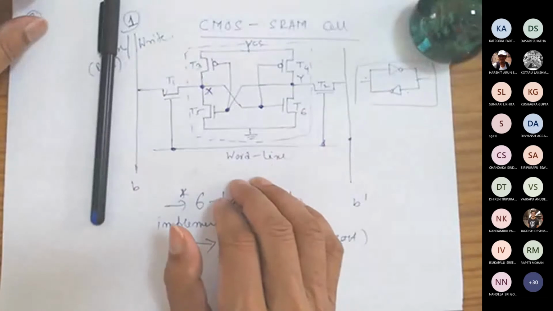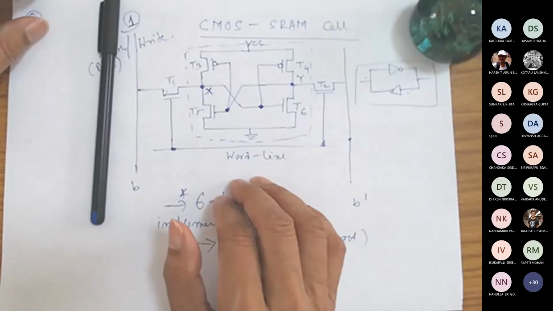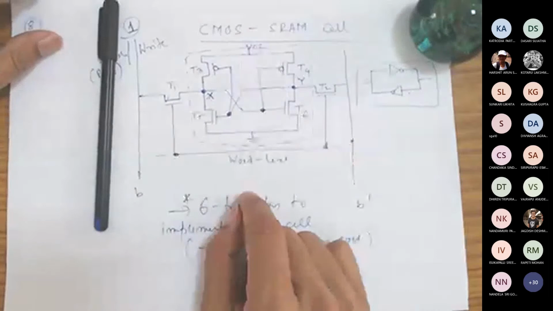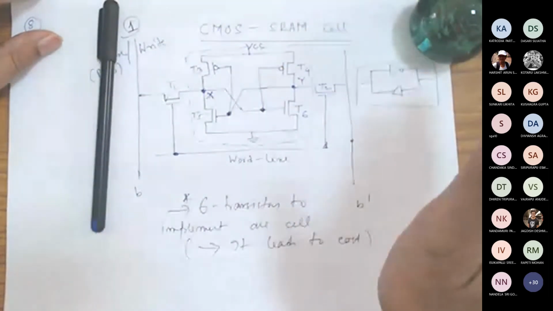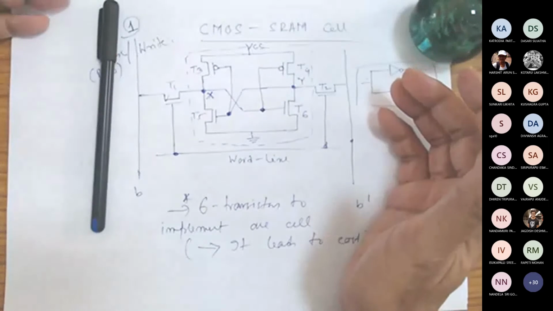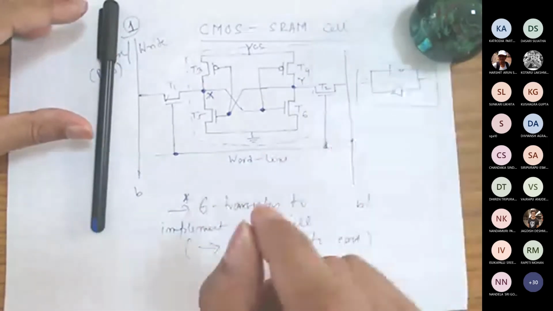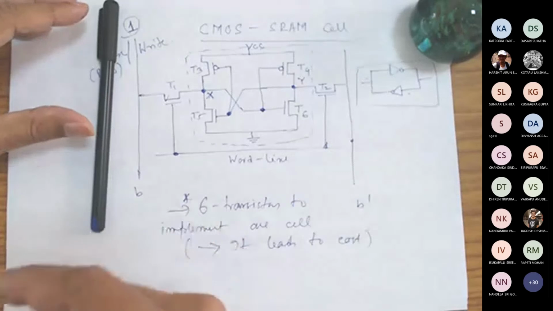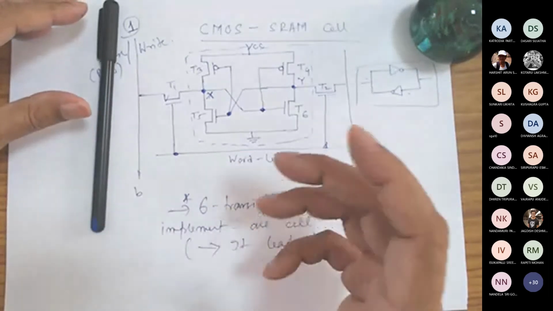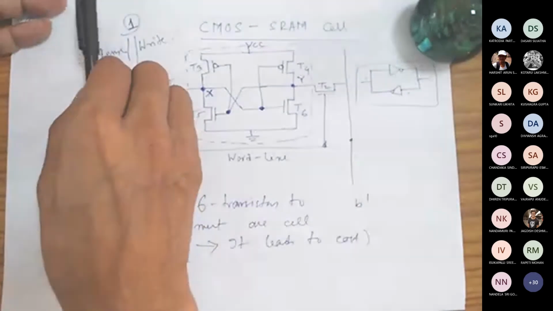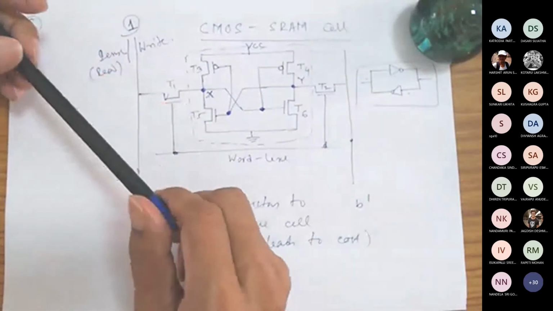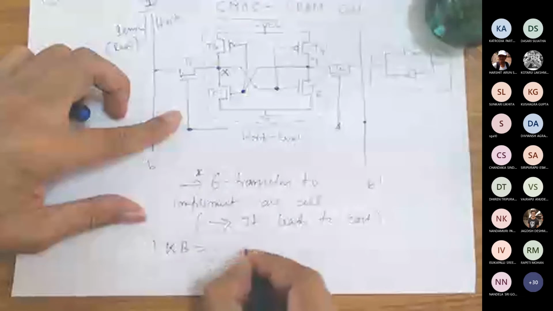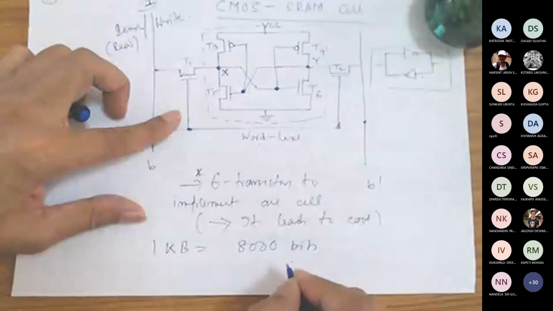So if you have, say, 100 gigabytes of storage, and you would like to implement it using SRAM, 100 GB is a huge number of bits. So 100 GB into 6 transistors. 1 kilobyte is 1000 bytes, so 8,000 bits are there for 1 kilobyte. 1 KB equals 8,000 bits.